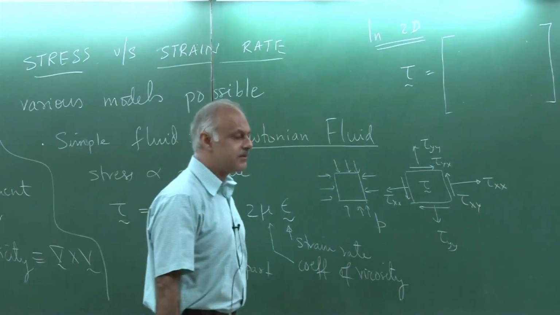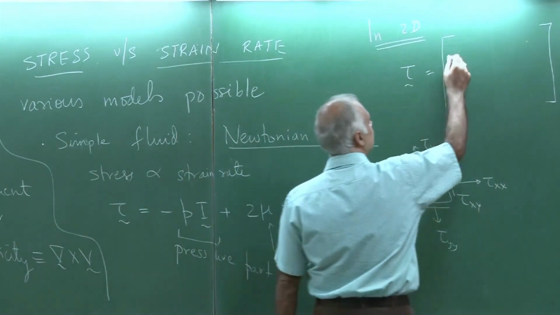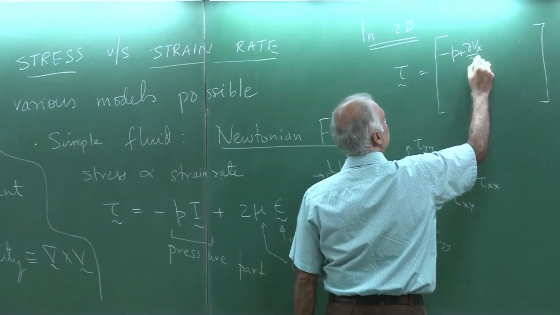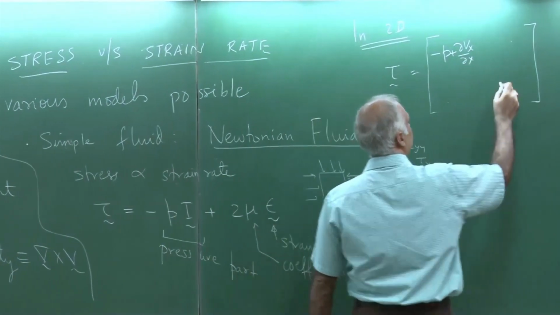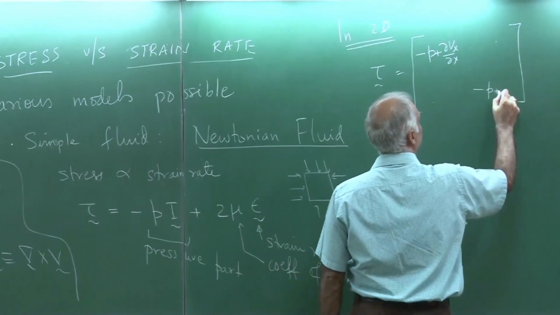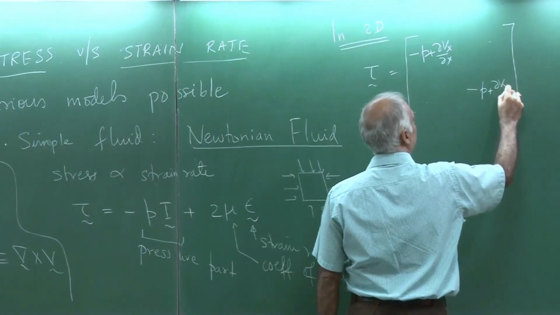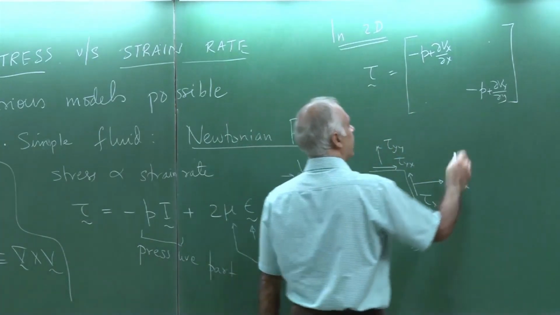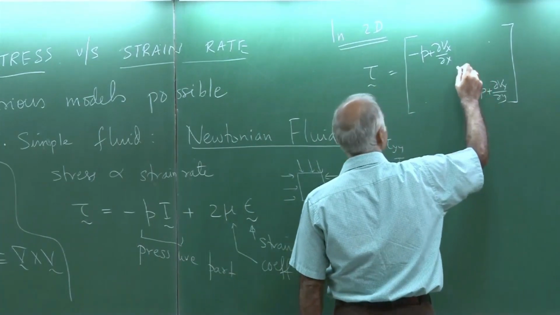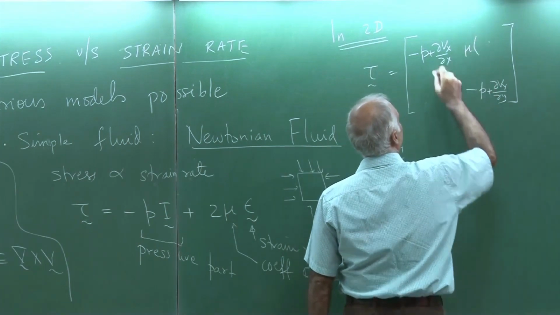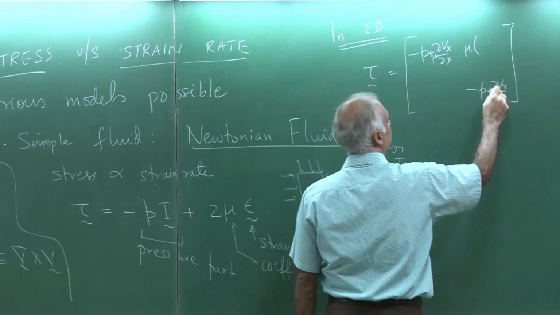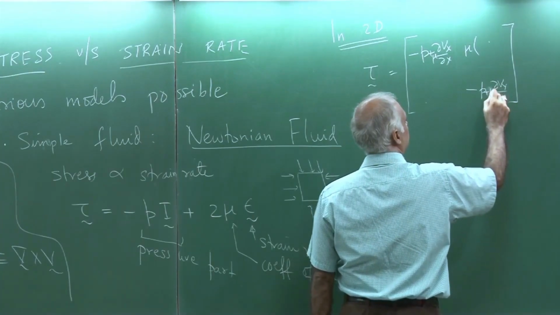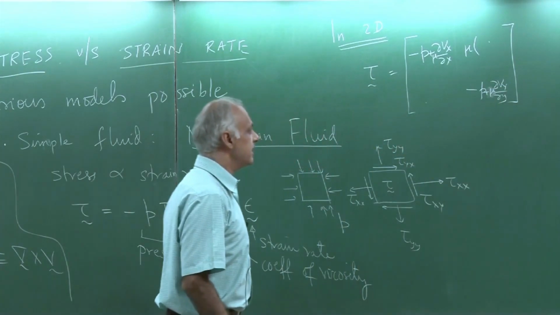In 3D it is 3 by 3, and this entry is going to be minus P plus mu del Vx by del x. This one would be minus P plus mu del Vy by del y. I am sorry, guys, I forgot the mu there. That is the coefficient of viscosity.